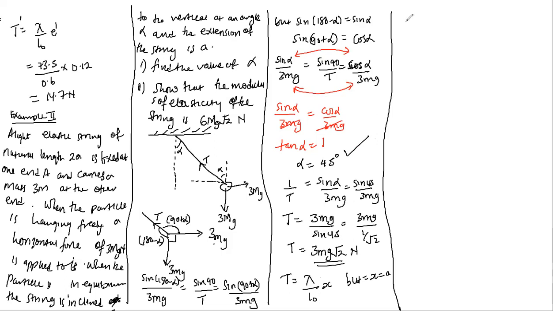So if x is a, then our tension 3 mg root 2 is equal to lambda over the natural length, which was 2a, times small a. I can divide the a's, and finally I cross multiply for lambda to give me 6 root 2 mg newtons. And hence I would have got the modulus of elasticity.